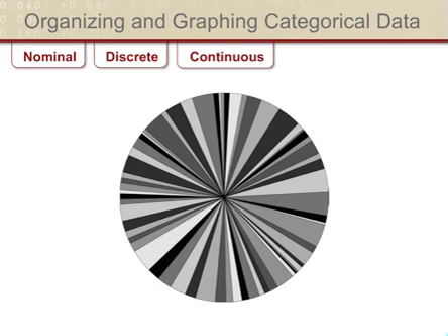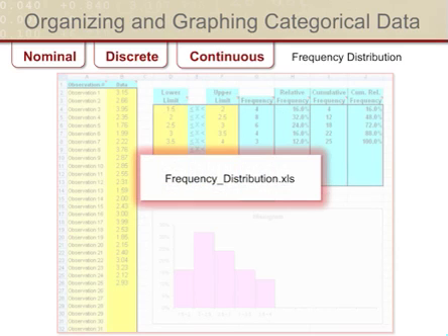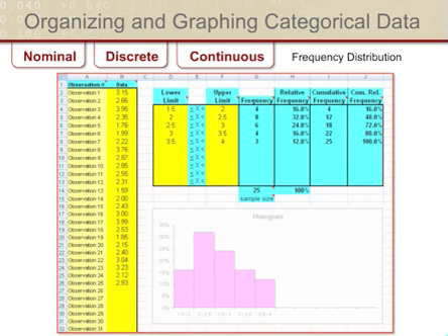So for that, we've created something called a frequency distribution. With a frequency distribution, as you can see in this Excel file, you load the data on the left side. Once again, you can load a couple of hundred individual pieces of data. It doesn't matter what order you type them in. Then to the right of it, we have our frequency table.